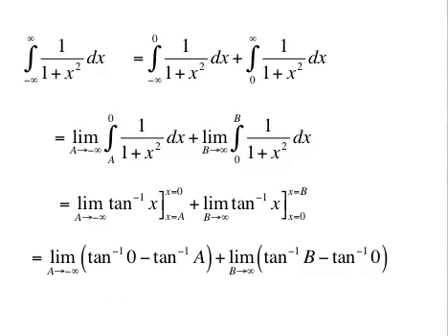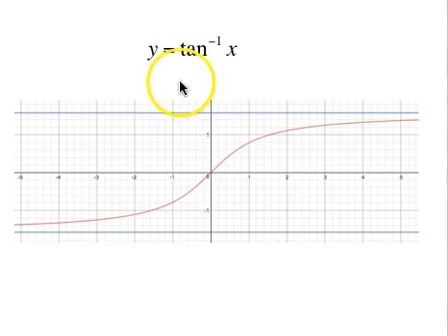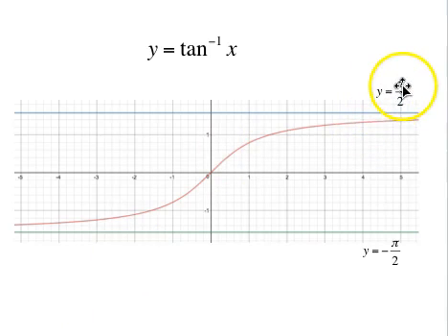Now looking at the graph of inverse tangent, this is what it looks like. We have these two asymptotic lines. And what are they? Indeed, y is pi over 2 and y is negative pi over 2. So as x goes to infinity, arctangent of x is getting closer and closer to pi over 2. As x goes to negative infinity, arctangent of x gets closer and closer to negative pi over 2.